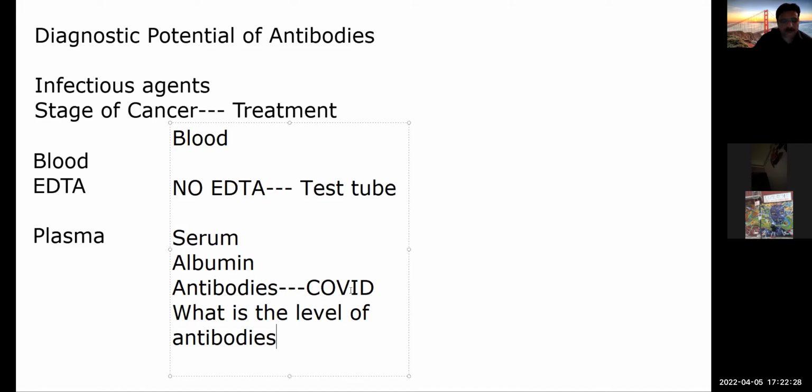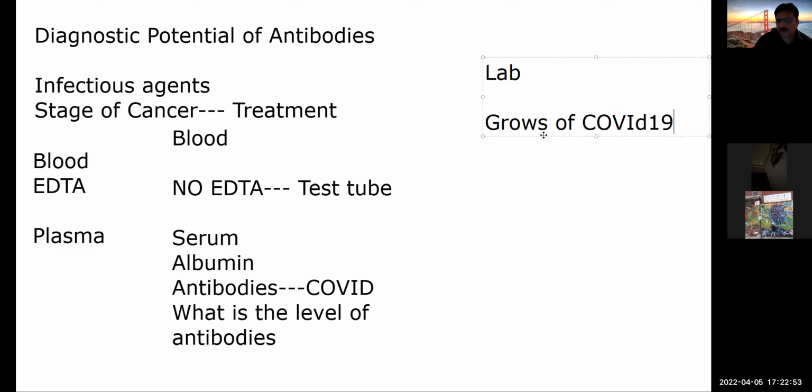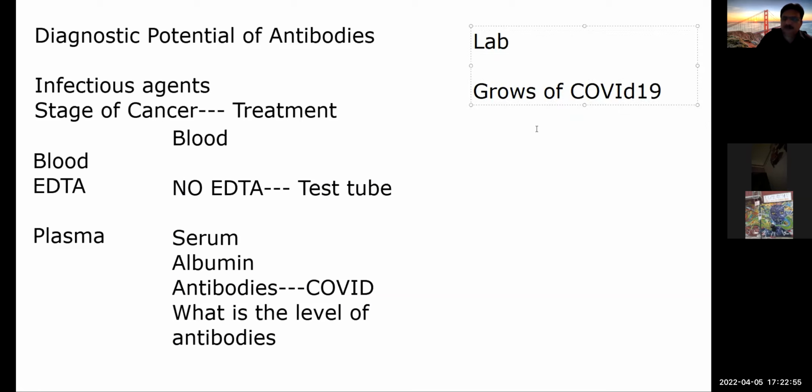What's going to happen in this situation is that we will need to take the help of a lab. An immunology lab, a cell biology lab, or a virology lab that has the facility to grow COVID-19 culture.